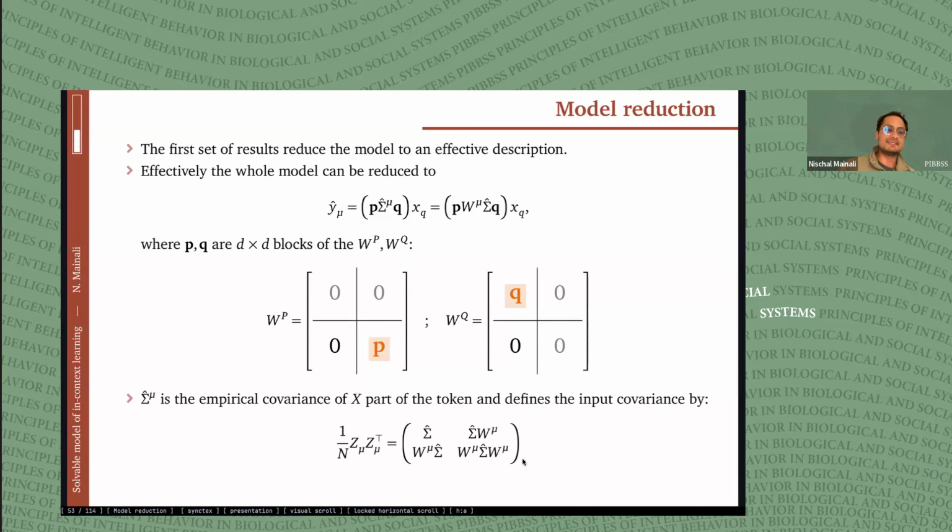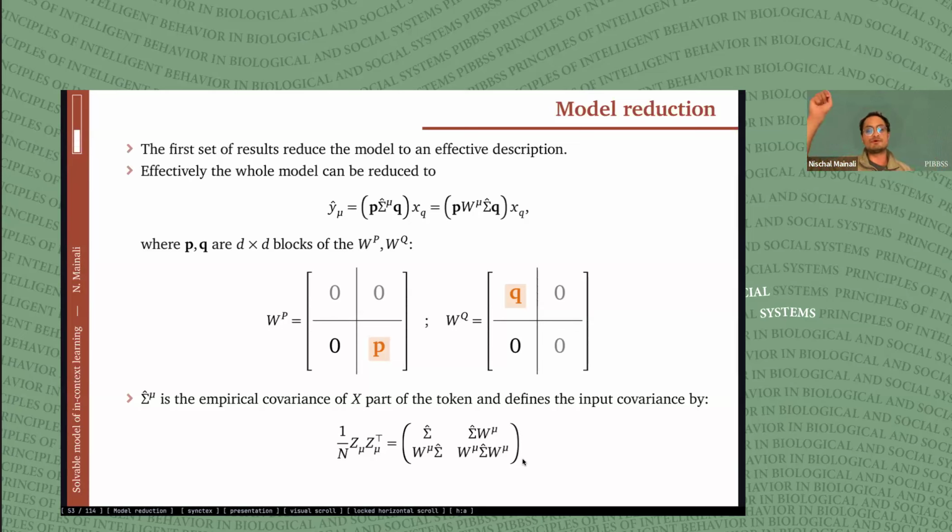And then sigma hat is simply, remember that in this task with some covariance structure sigma, sigma hat is basically the empirical covariance that the model estimates by just looking at the input during inference time.